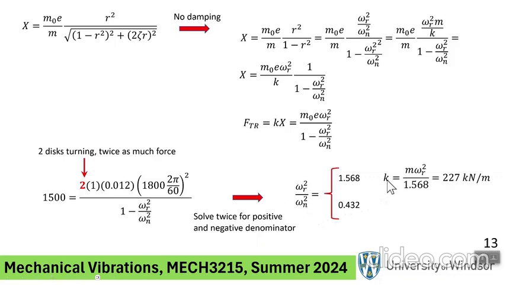And you can calculate K out of this, because remember, omega n squared is K over M. Solve it, you get this. Or based on this, you solve it, you get that. Okay. And there you are. These are the 2 values of K.